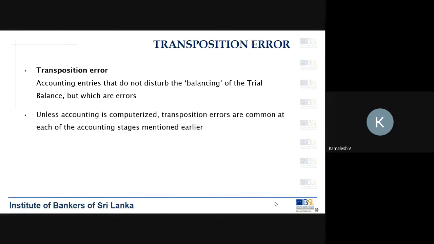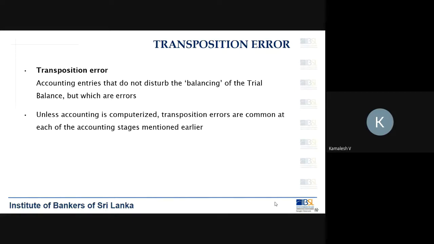Unless accounting is computerized, transposition errors are common at each of the accounting stages mentioned earlier. As long as you have manual human intervention, the transposition error can happen.